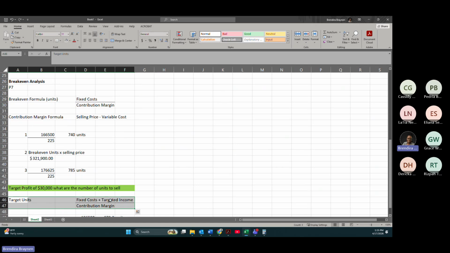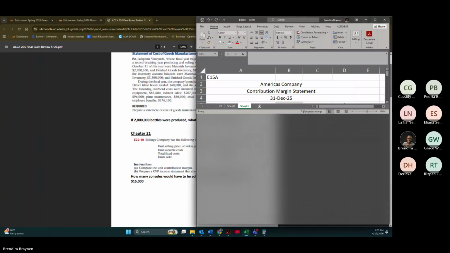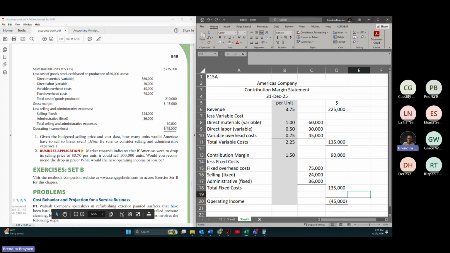I put that targeted income plus the fixed cost divided by contribution margin. Because I did my entire statement, I could get my contribution margin right from here, $1.50, and I could get my total fixed cost from here as well. So I just need the income that I expect in order to calculate it. Okay. So any questions there?